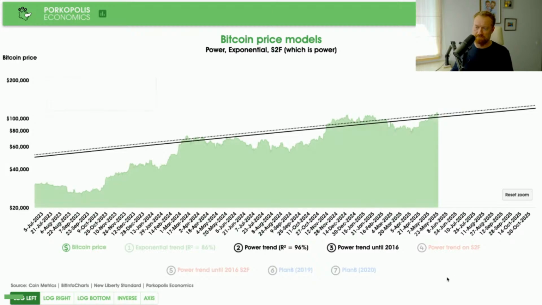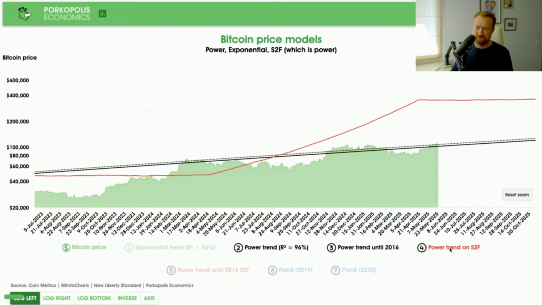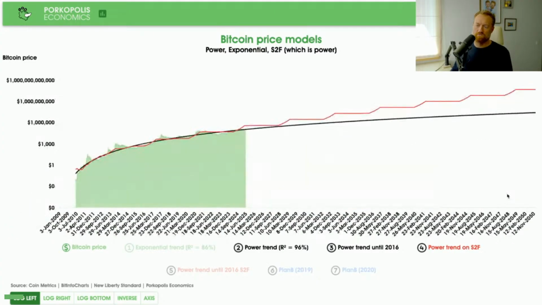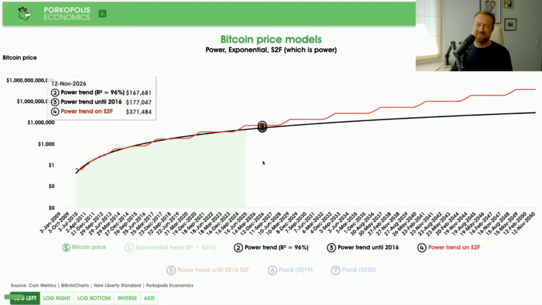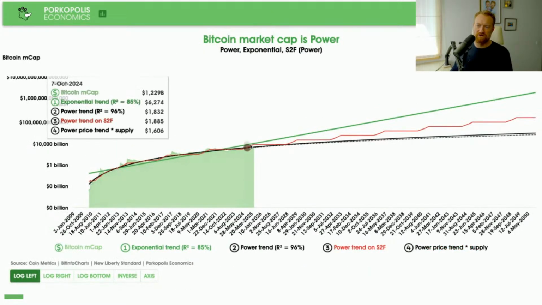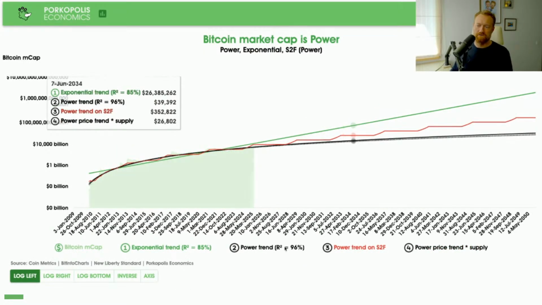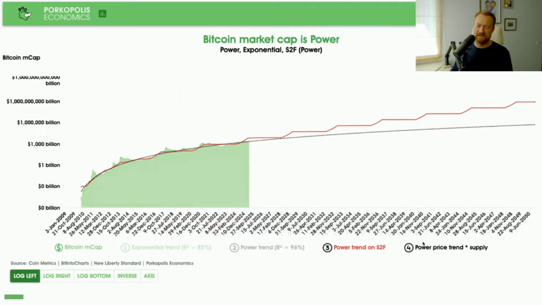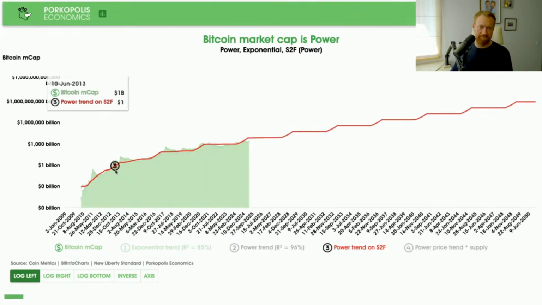All right, now let's go and put on the old S2F trend. Again, I showed you this on the market cap. Now we're doing it on the price. And by the way, the native S2F trend line can only be done on market cap.